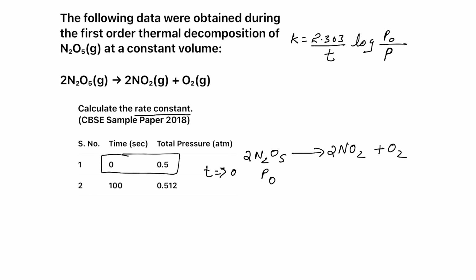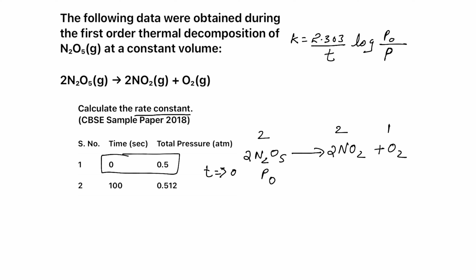Now, as the reaction proceeds, what happened? The concentration of the reactant starts decreasing. The pressure due to the reactant starts decreasing. Correct, right? Now, what is the stoichiometric relation? 2N2O5 undergoes reaction to give 2NO2 and 1O2. As the reaction proceeds, the concentration of the reactant decreases, and the pressure due to the reactant also decreases.